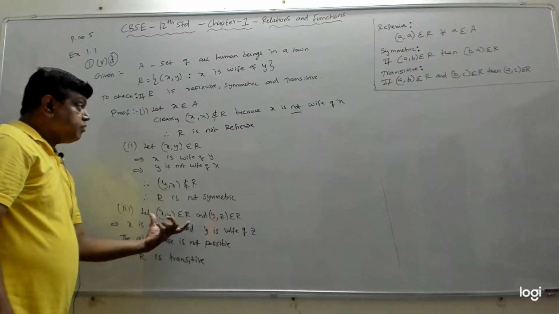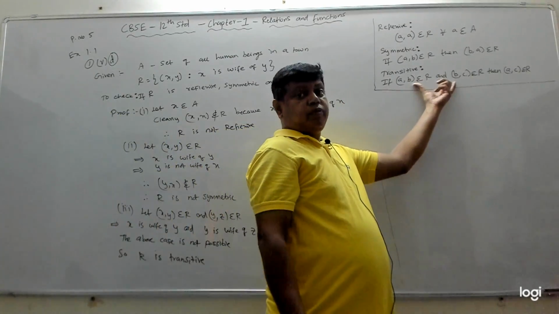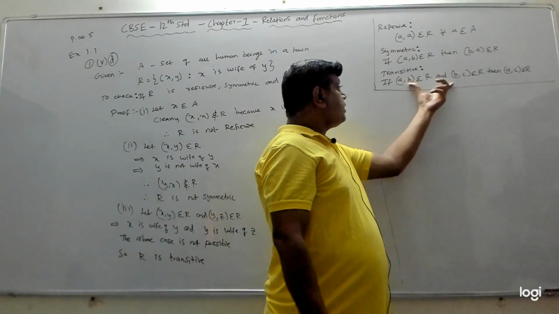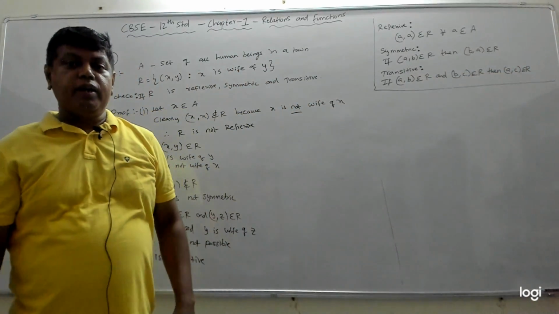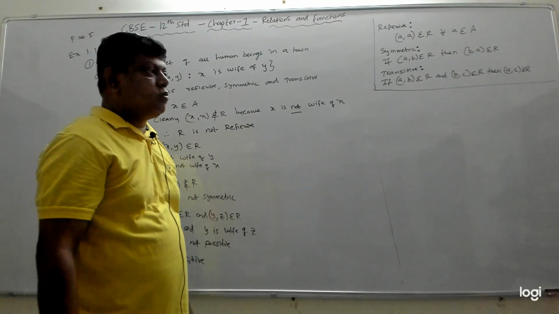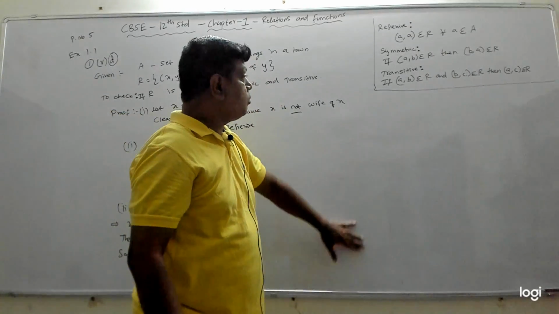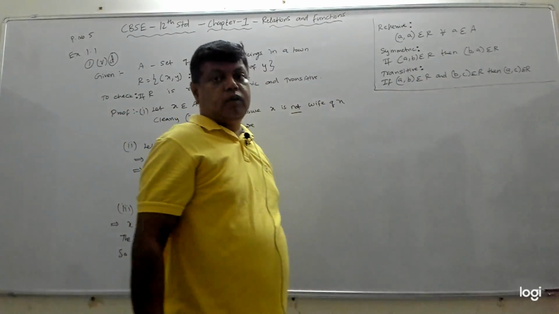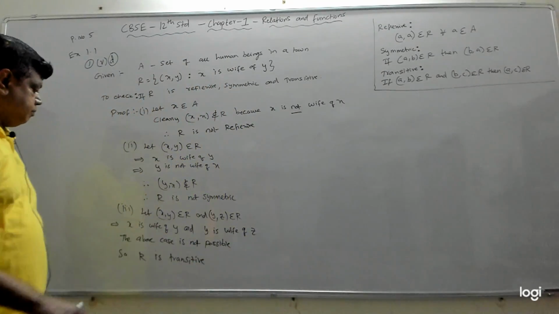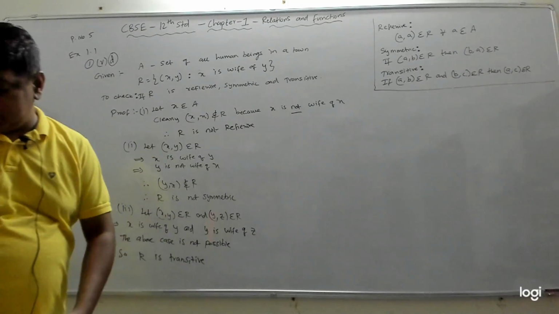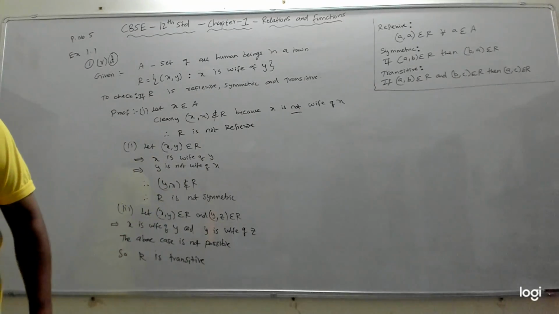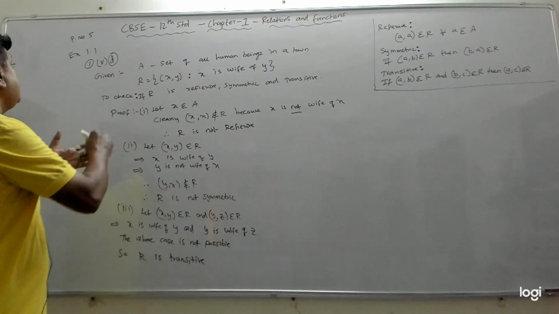If the if condition fails, then the entire condition is true, which you might have studied in mathematical reasoning in your 11th standard. Fine. So now you can pause the video and take these notes, and I will go to the next one, which is E part.